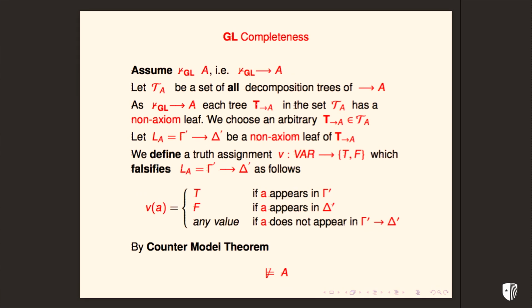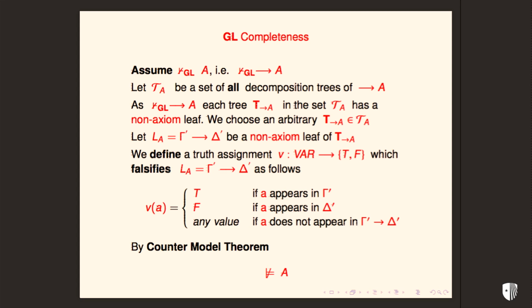So what does it mean that the formula or sequent does not have a proof? Let T be the set of all decomposition trees. A does not have a proof if each tree in the set has a non-axiom leaf.